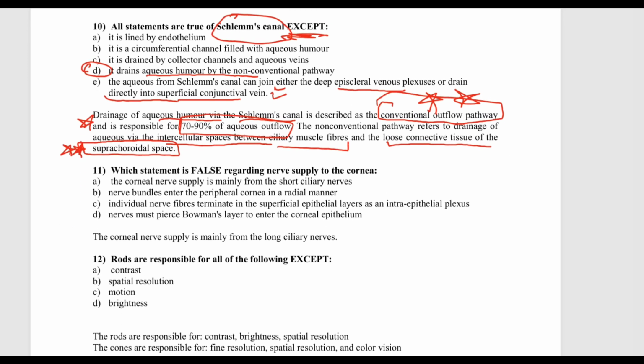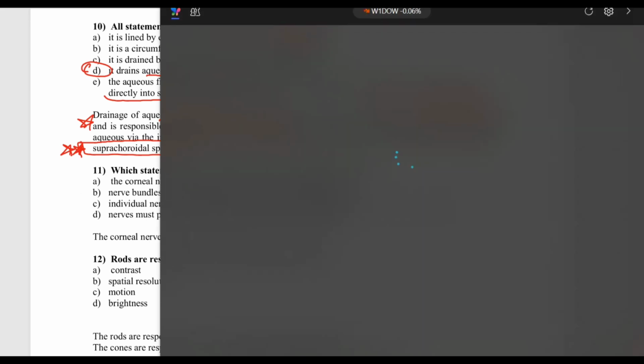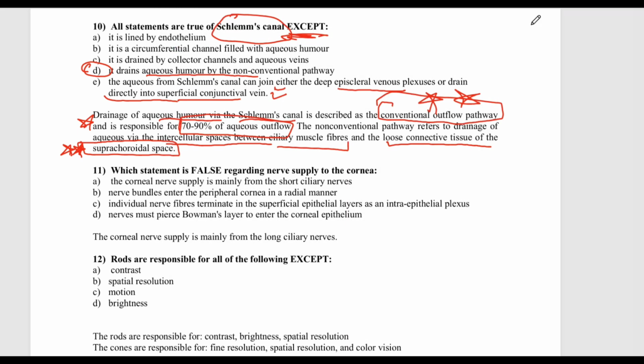So the next question is, which statement is false regarding the nerve supply to the cornea? The options are: the nerve supply is mainly from the short ciliary nerve, bundles enter the peripheral cornea in a radial manner; individual nerve fibers terminate in the superficial epithelial layers as an interepithelial plexus; nerves must pierce the Bowman layer to enter the corneal epithelium.